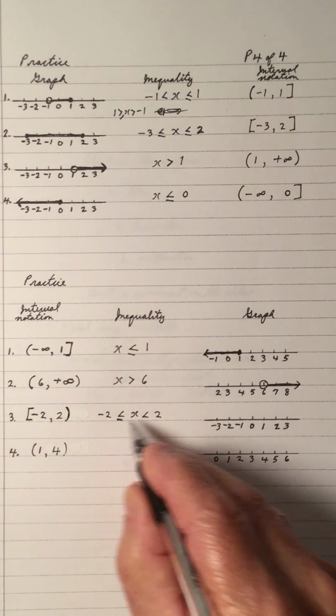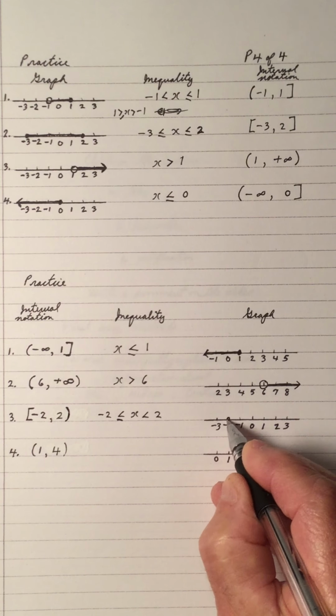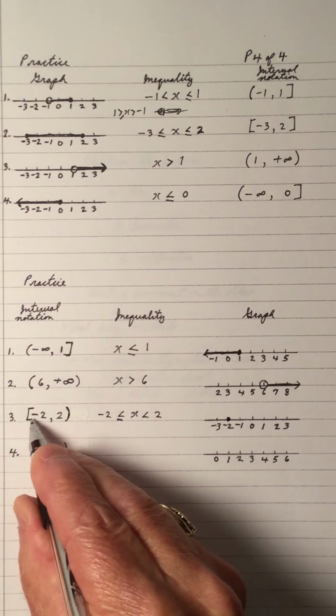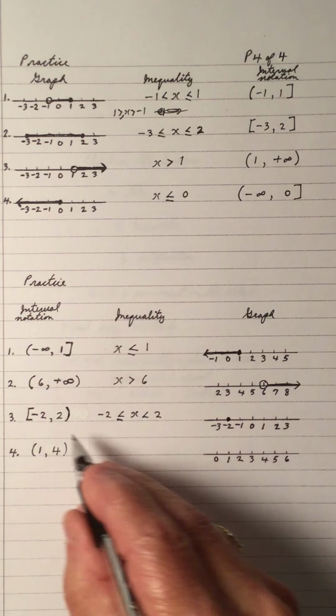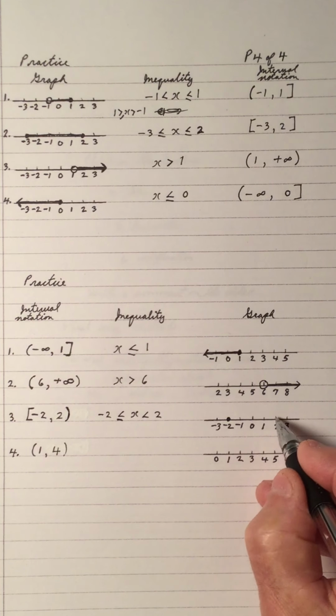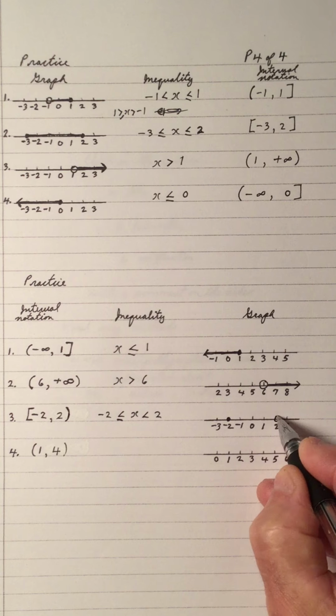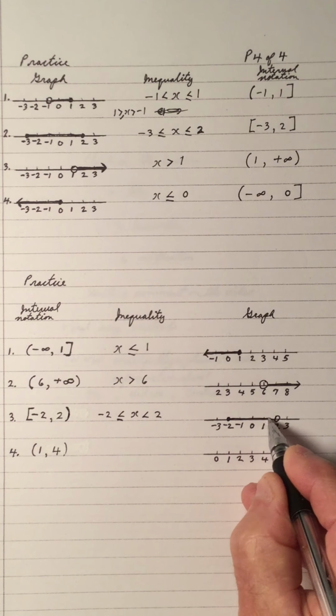So it's negative 2 solid, because of the square bracket or equal sign. 2 is hollow, not included, and all the numbers in between.